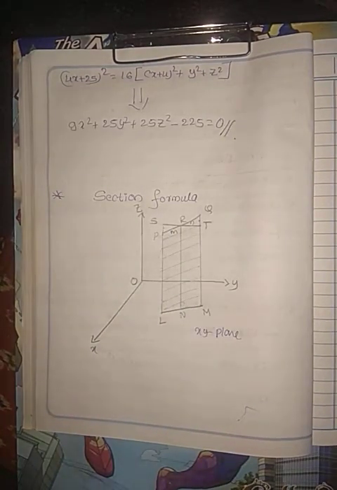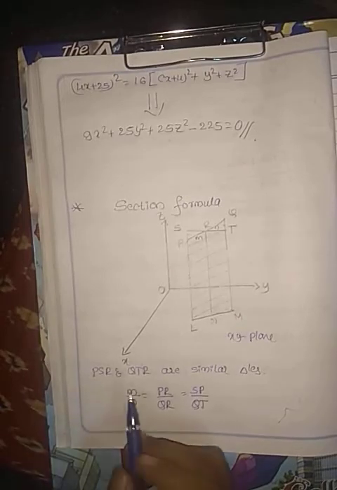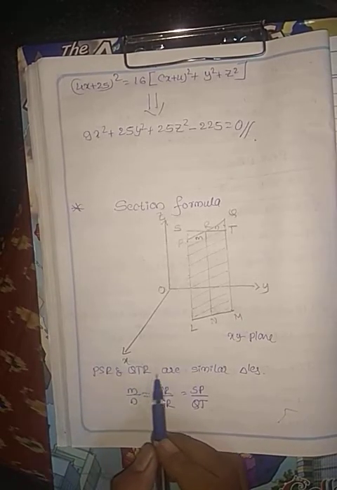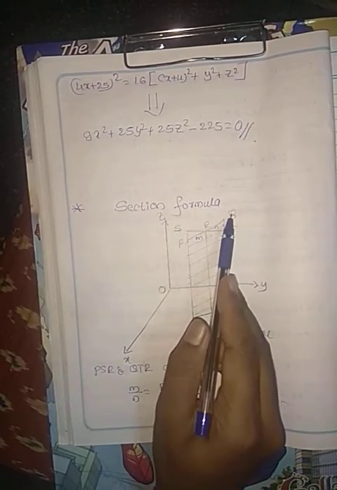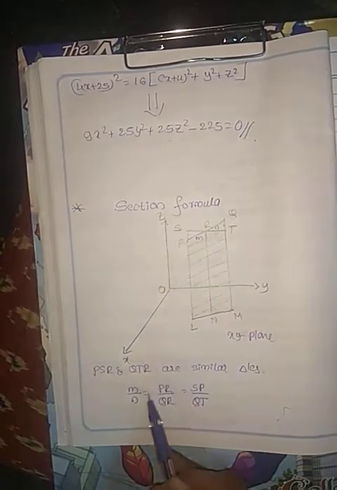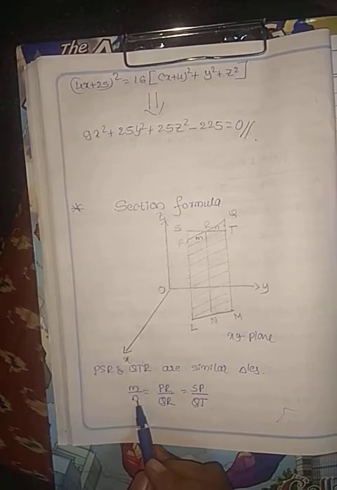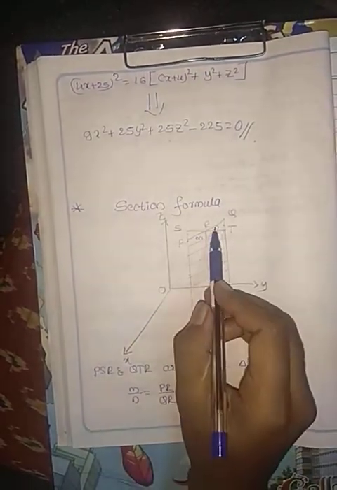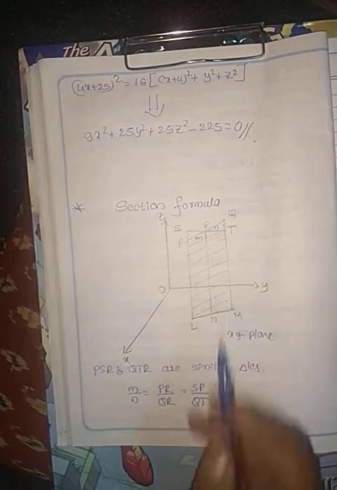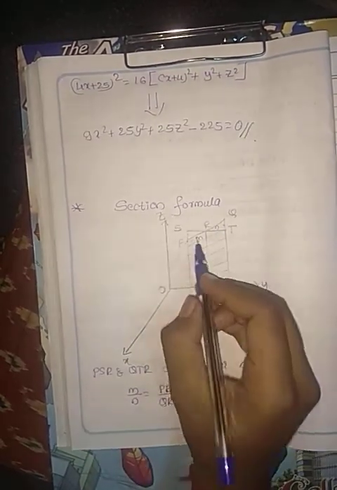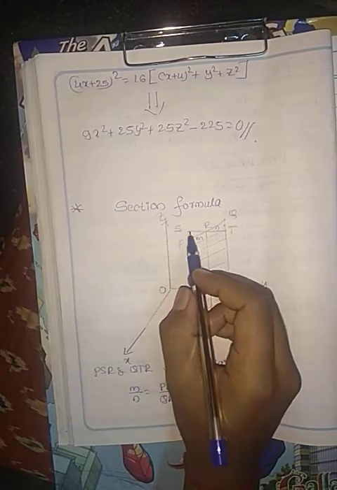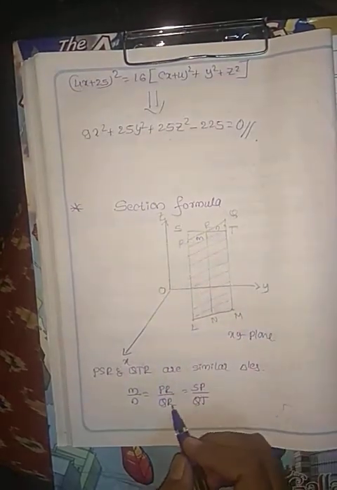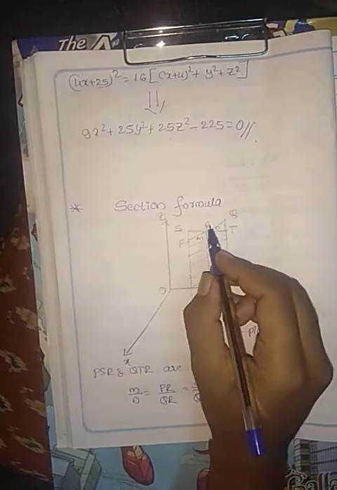Therefore, consider here PSR and QTR are similar triangles. Therefore, m divided by n equals PR by QR. You can write PR equal to SP because these two are similar triangles. Next, QR equal to QT.